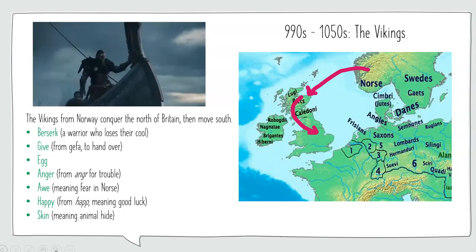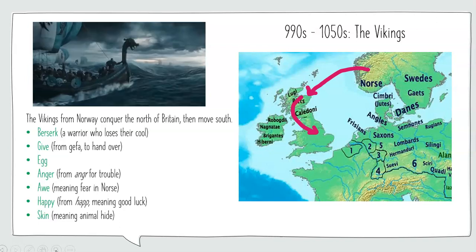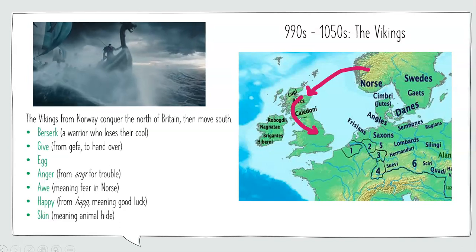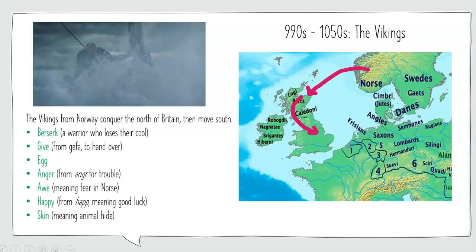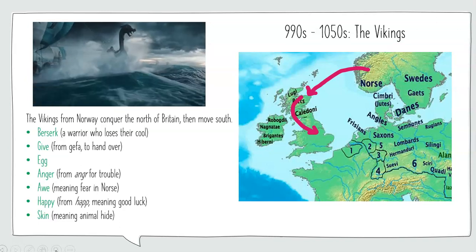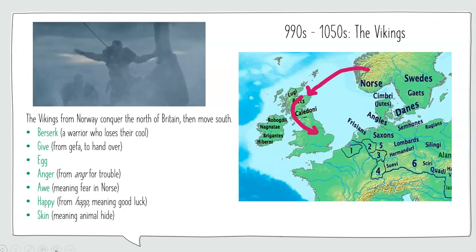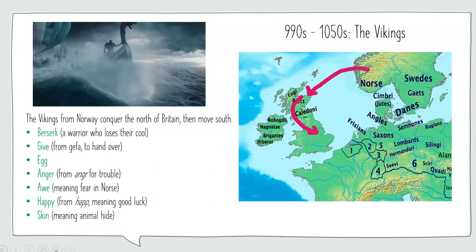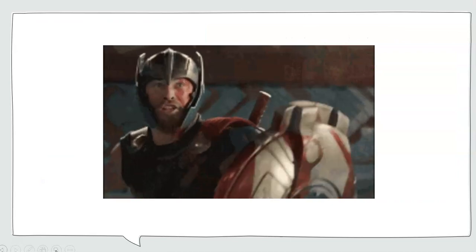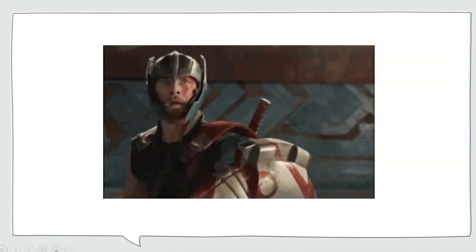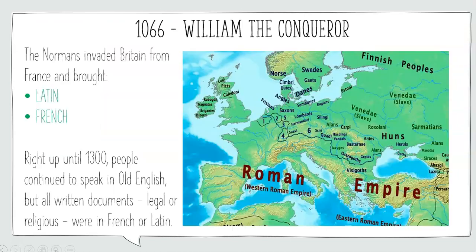Words like gif from geffa, egg, anger, awe, which we can turn into awesome and awful, happy, and skin. All of these words came from the Vikings, and there are heaps more. So already we're starting to see how English is becoming a collection of different languages. Oh, he also brought Thor with them too, who is awesome.